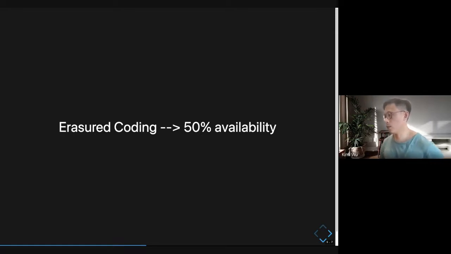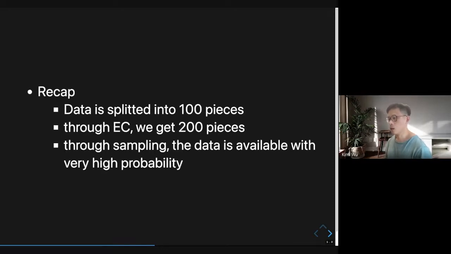Let's say you have 100 pieces, you extend it with another 100 pieces. Then you only need 50% plus one pieces to reconstruct the data. So that's erasure coding. Let's recap what we have now.